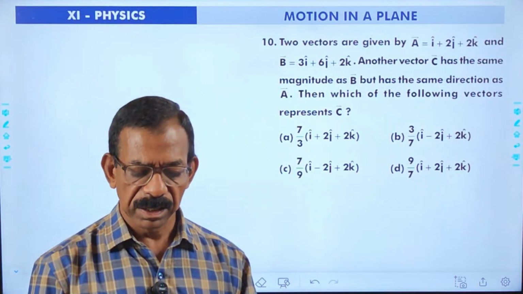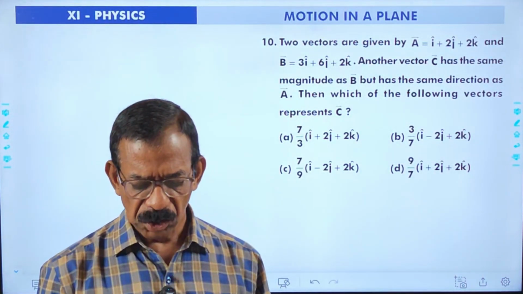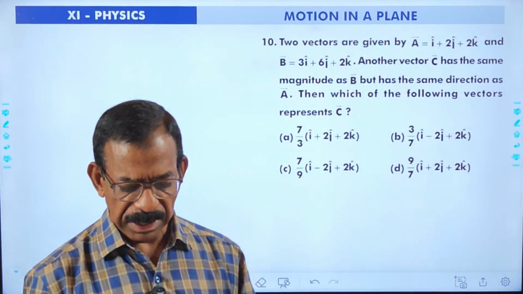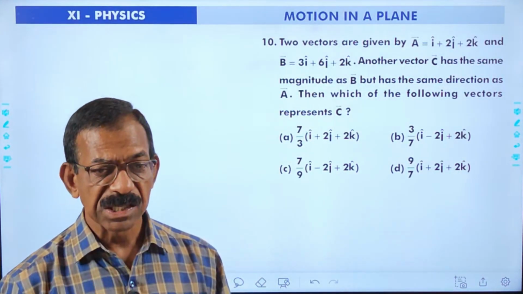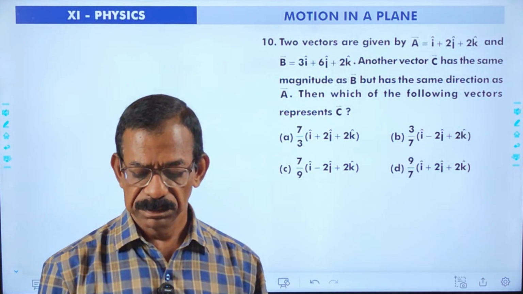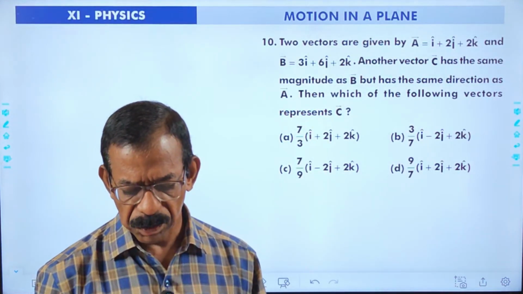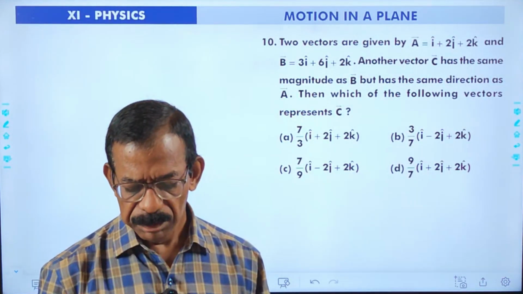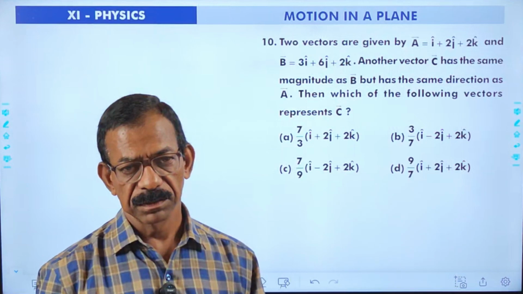Now there is question 10. There are two vectors given by vector A equals i plus 2j plus 2k, and another one B equals 3i plus 6j plus 2k.